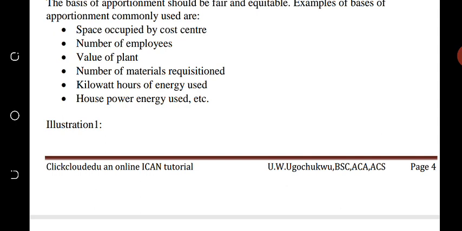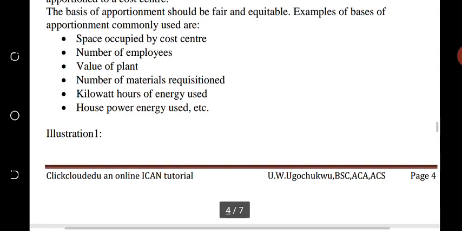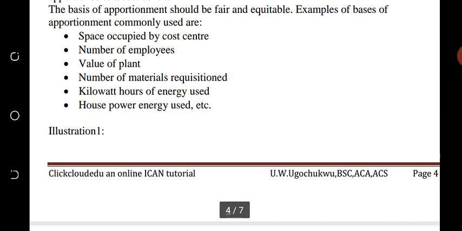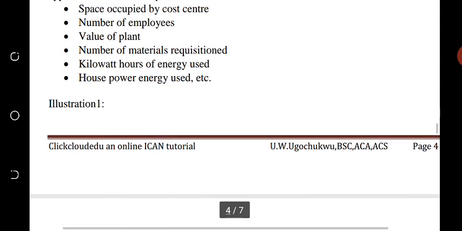So when we talk about cost of energy use, like power energy use, all these are basis of what? Apportionment. Now let's use these questions to explain all we'll be saying from the onset.